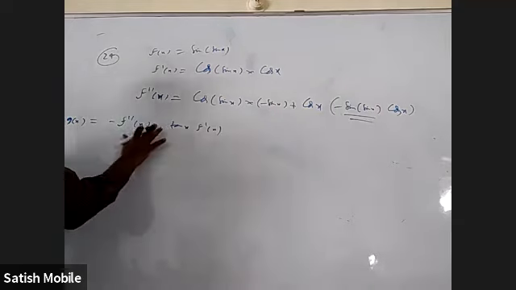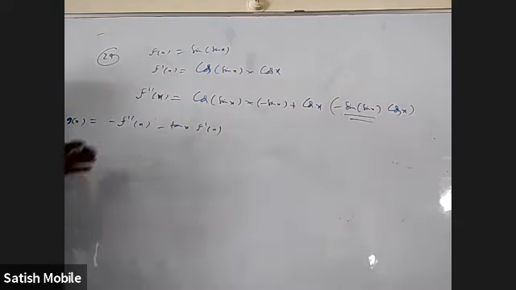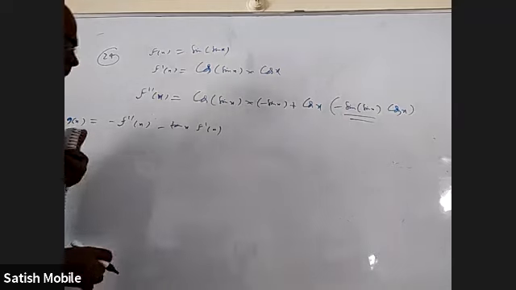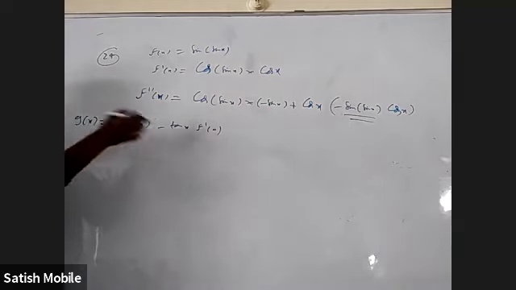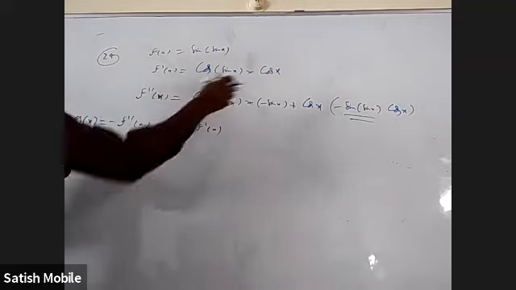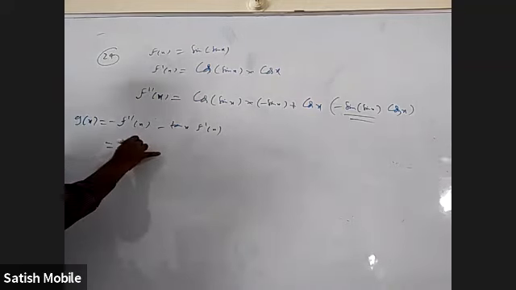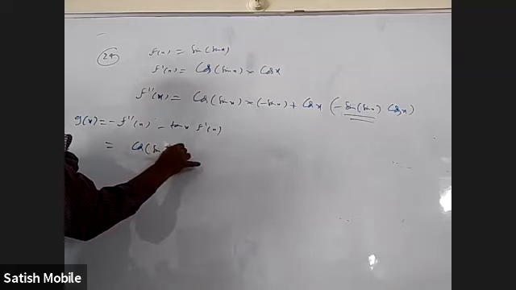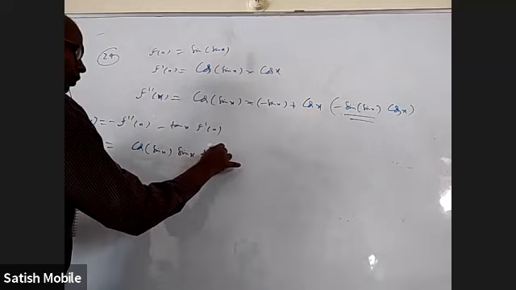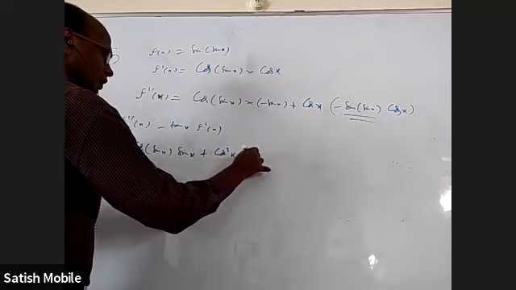Minus f double dash x minus tan x. Let us simply take it like that directly. They wanted g of x equal to this, and what is that? Minus. When I multiply the minus, I will get cos of sine x into sine x plus cos square x into sine of sine x.